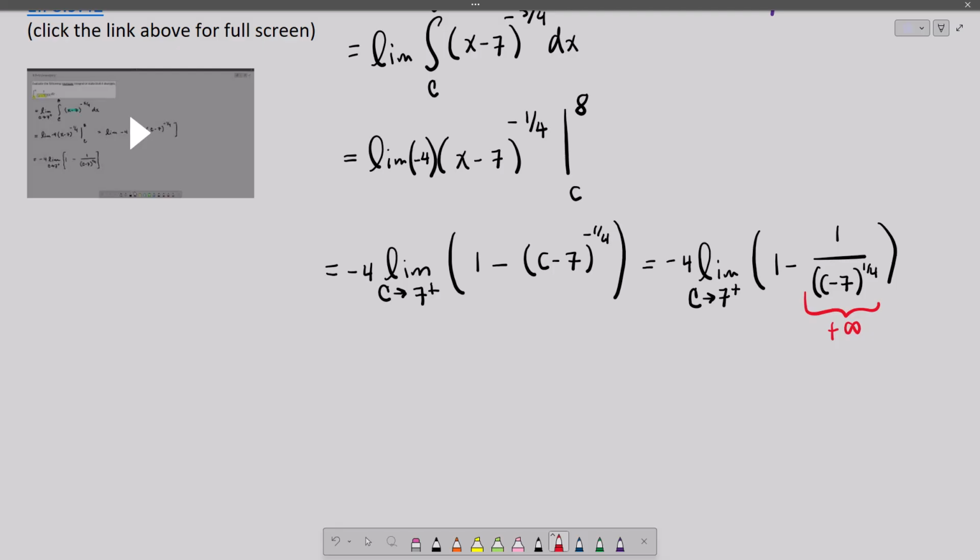The denominator is going to 0 through positive values. And then 1 minus infinity would be negative infinity, right? And then if you multiply this negative infinity quantity times -4, you will get positive infinity.